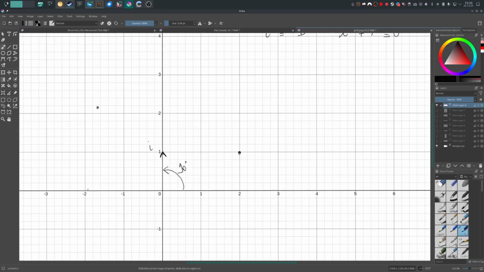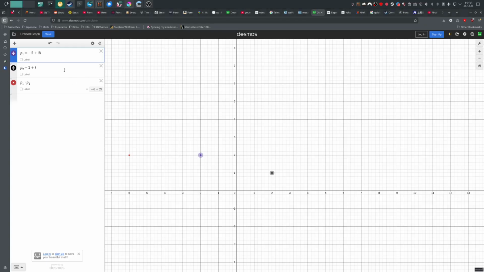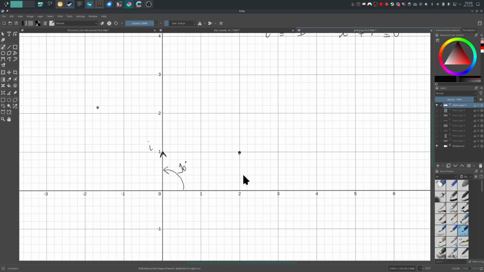We can check. Here we have a 2, 1, right? It's already here. This is P2. What happens when I do P2 times i? See? All I did is rotate by 90 degrees.